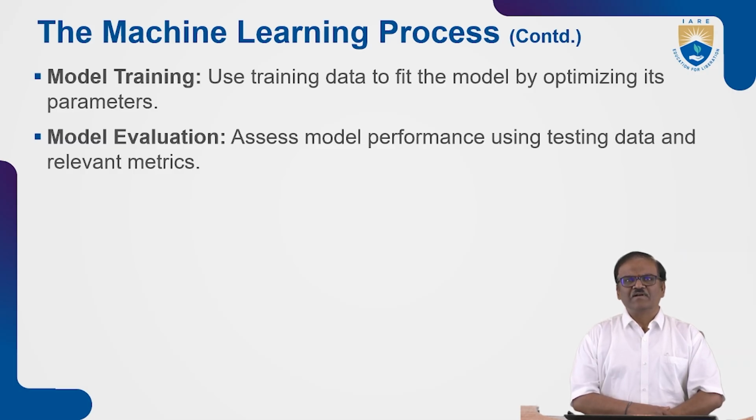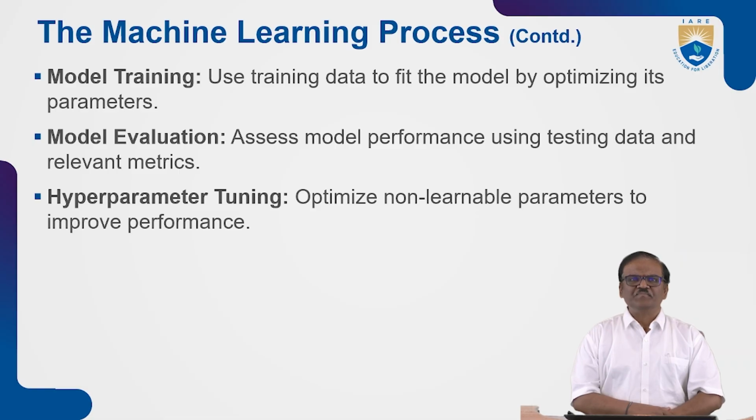So, model training will be done by using the training data, and we'll use this model to evaluate the real-time test data, and we'll observe the performance with the model training and model evaluation. Hyperparameter tuning.